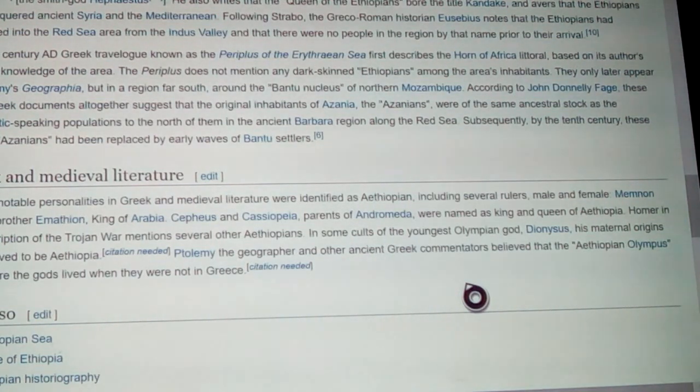They included several rulers, male and female, Memnon and his brother Emathion, king of Arabia, Cepheus and Cassiopeia, who were the parents of Andromeda, and apparently these Phoenicians were named as king and queen of Ethiopia. Homer, in his description of the Trojan War, way up there, mentions other Ethiopians.